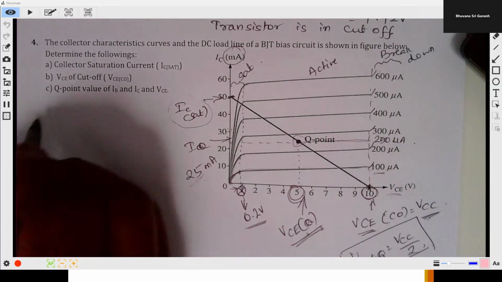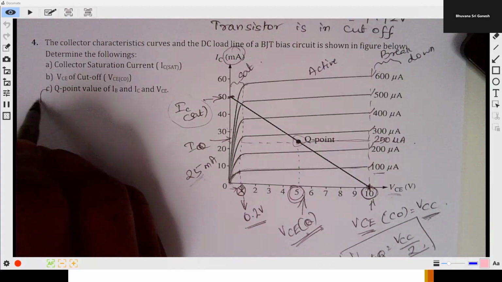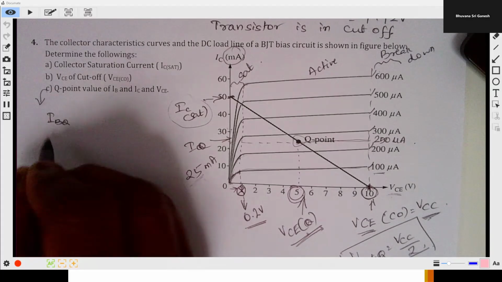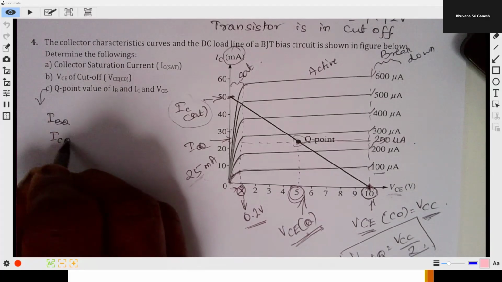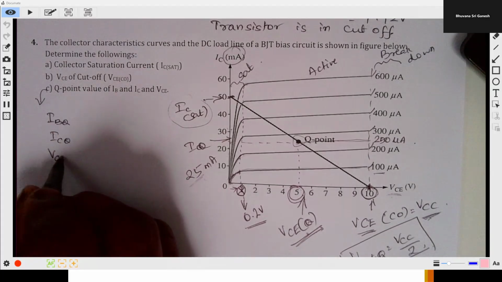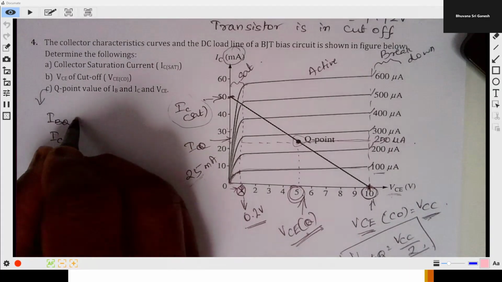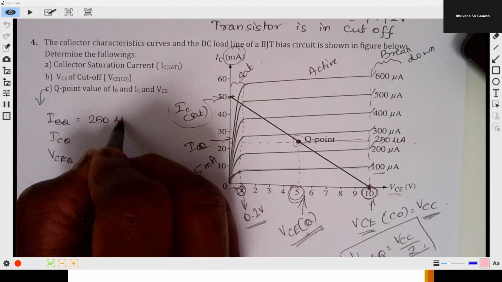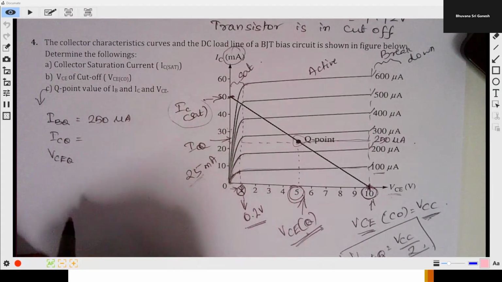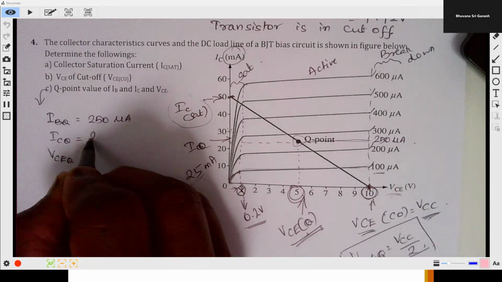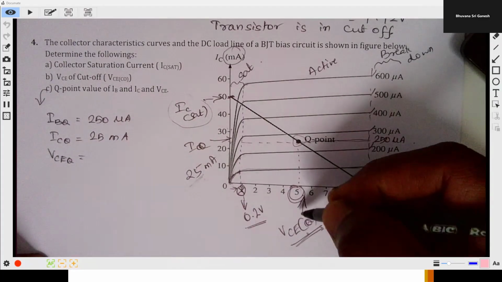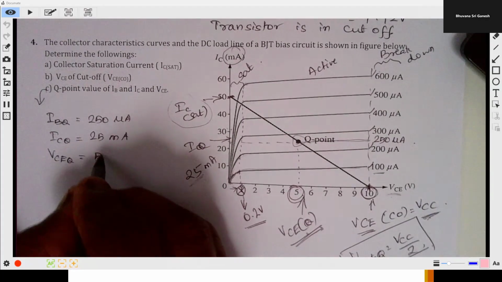Okay, so Q point, part C: IBQ, ICQ and VCEQ. IBQ is 250 microamperes from the graph. ICQ is 25 milliamperes and VCEQ is 5 volts.